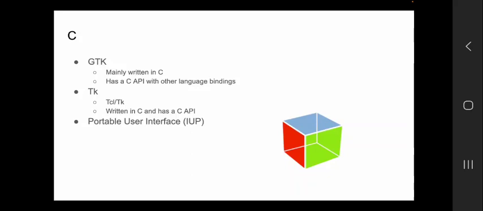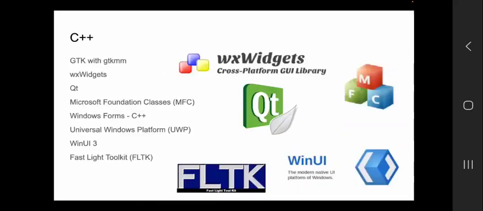with the other option, C++. In my opinion, by far, C++ is the most used for desktop application development because it has a lot of options. First of all, it also has a binding for GTK, which they call GTKmm. And there is another popular framework called wxWidgets, which actually utilizes the native GUI framework of the operating system.